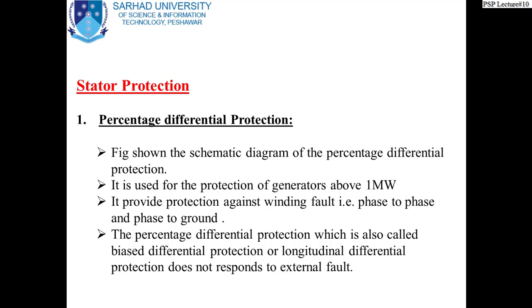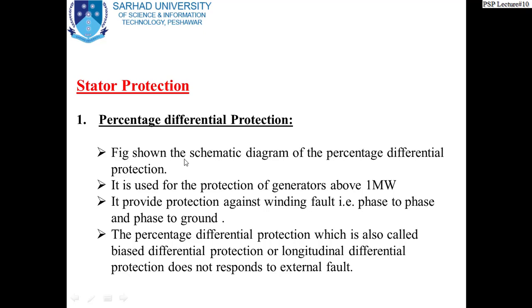Our main focus here in generator protection will be on stator protection, because if we have to discuss the protection of the whole generator, it would become a book by itself. Therefore we will confine ourselves to the stator protection, which is the main component of the generator.